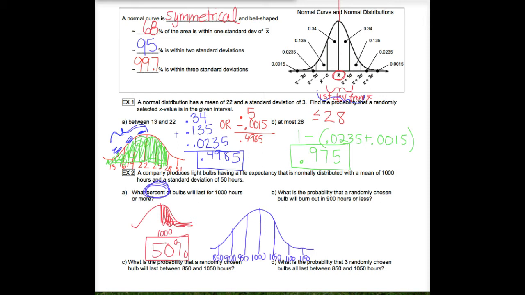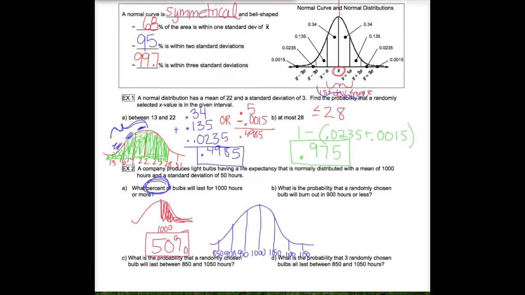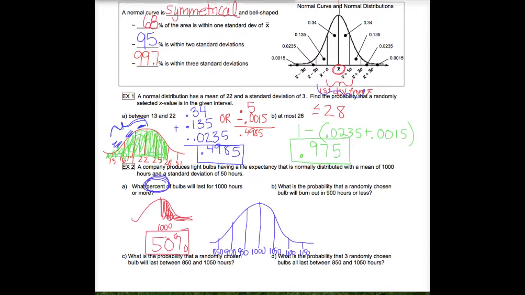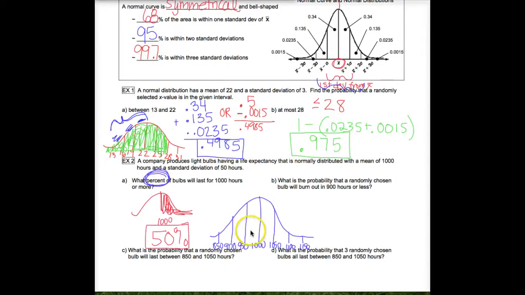What is the probability that a randomly chosen bulb will burn out in 900 hours or less? Okay, so 900 hours or less would be those two. So if I'm looking at it, all I'm talking about is these two little pieces.